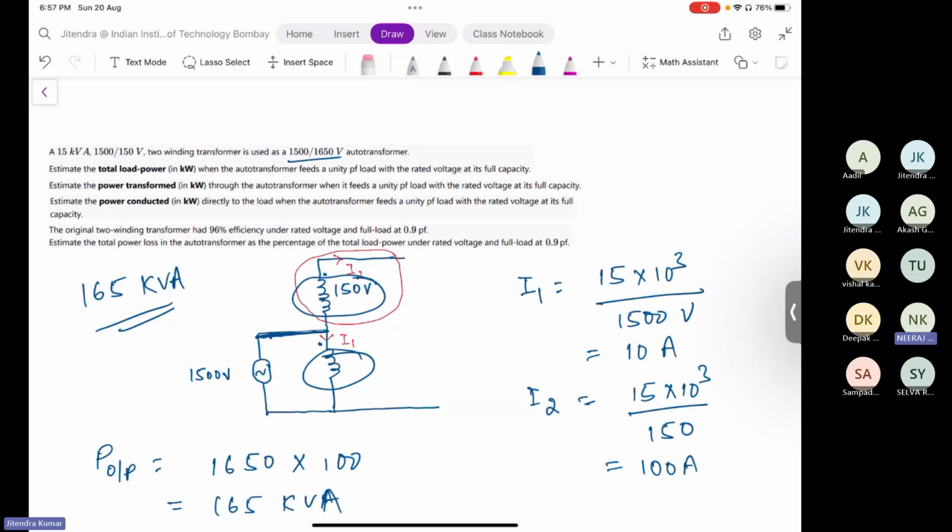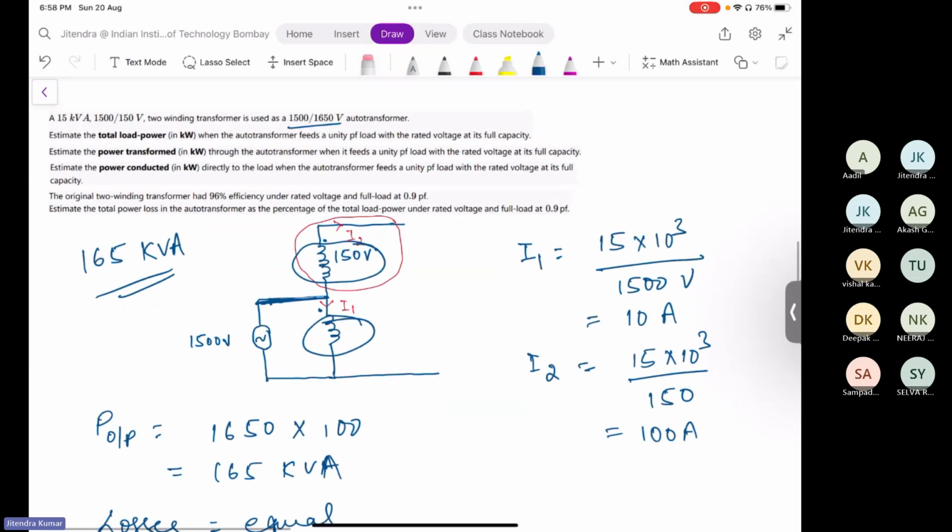We are only concerned with copper losses, and in most cases we take losses equal, because the winding resistances are the same, so losses we also consider equal. If you are provided with some parameters where frequency or core area is provided, then a change in core area will be reflected in core loss. So in that case, you can compute.